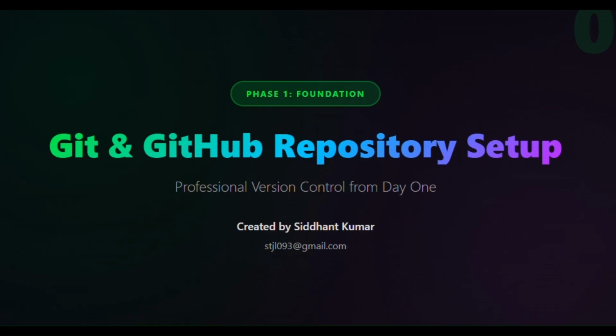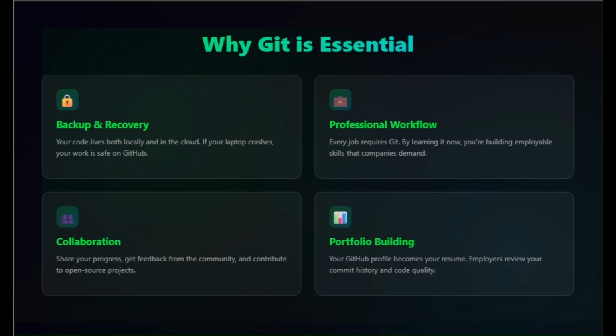And by the end of this video, you will have your professional development environment connected to GitHub, just like the pros. Let's get started. Before we dive into the commands, let me explain what Git actually is.